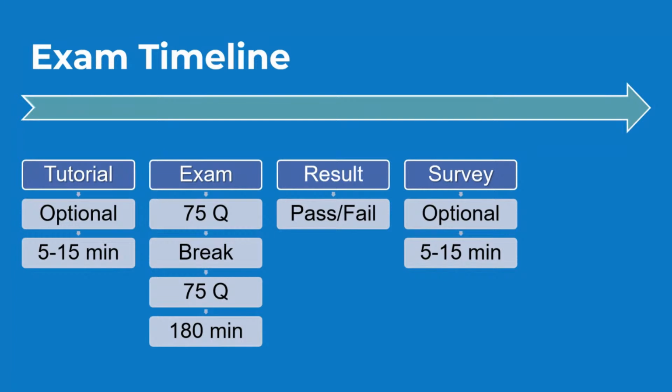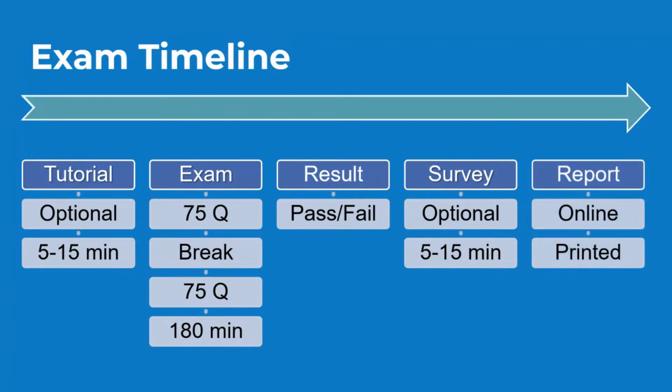So it all depends probably on the day of the week when you take your exam, which of these 2 comes first. But after these 2, we are then also given an exam report, either an online document, or if you're taking the exam at a testing center, you get a printed version of that report.